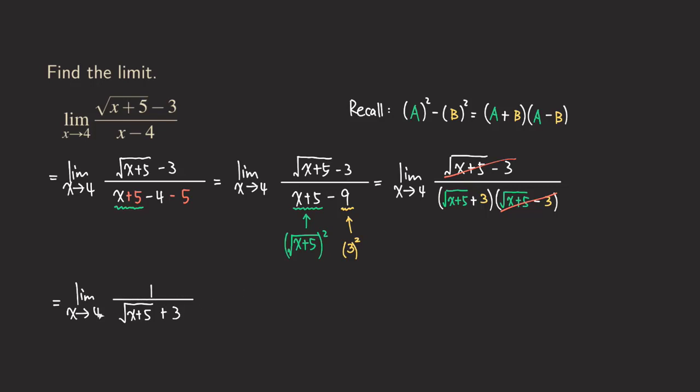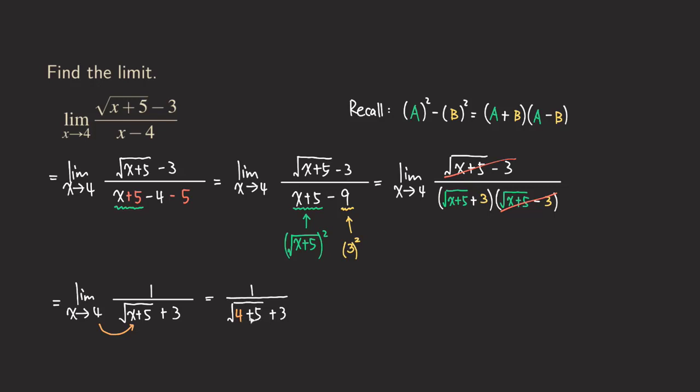So now we can directly substitute the 4 into the x here, and we are still going to get the same thing as you can see when we did it with a different method earlier.